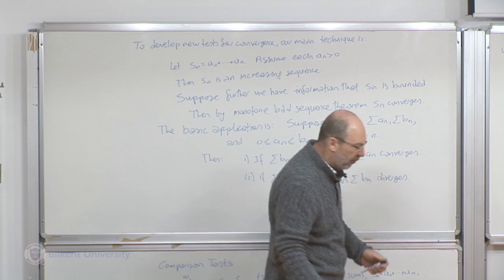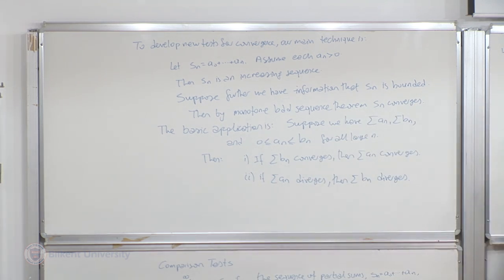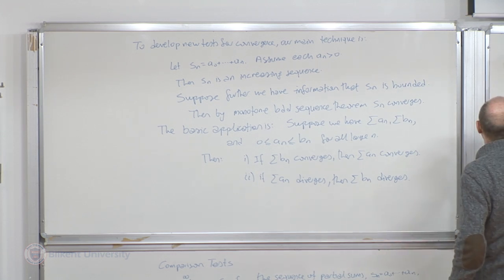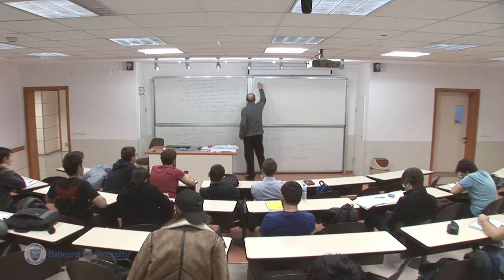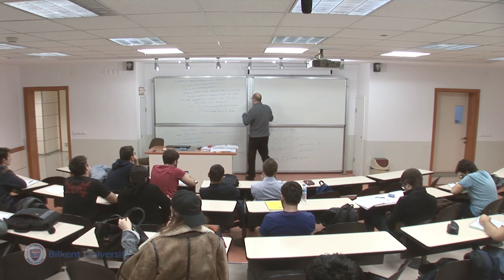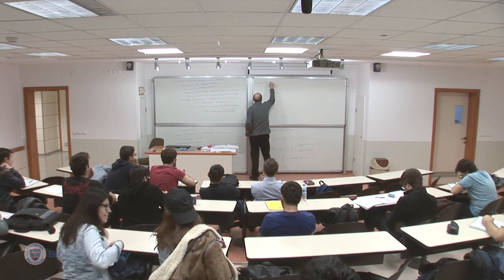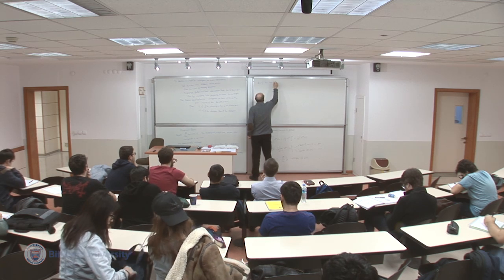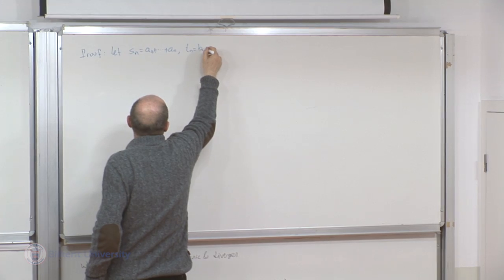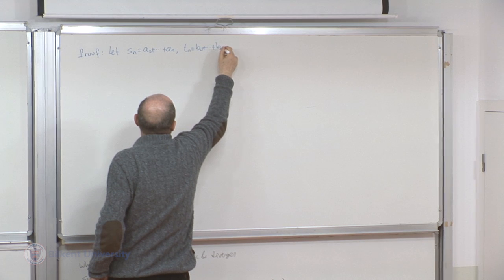Let's give a formal proof of this, because the proof, first of all, is easy to understand, and also we will use this idea in developing other techniques. So, proof. Let Sn be A0 plus through An, and Tn be B0 plus through Bn.